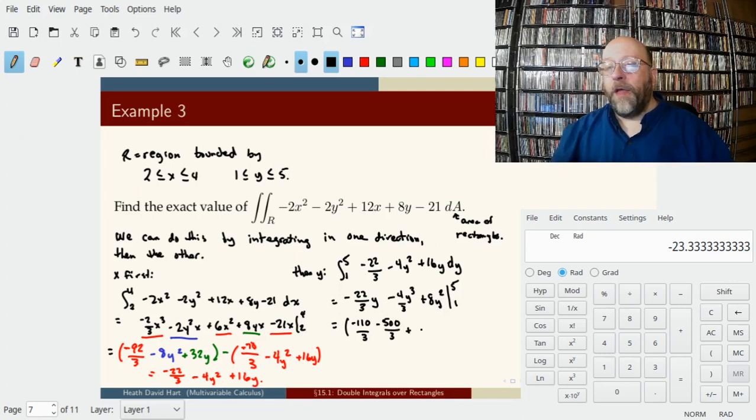So that's 8 times 25, and that's 200. Minus, and now we're going to plug in 1. So that's negative 22 thirds minus 4 thirds times 1, plus 8 times 1 squared.